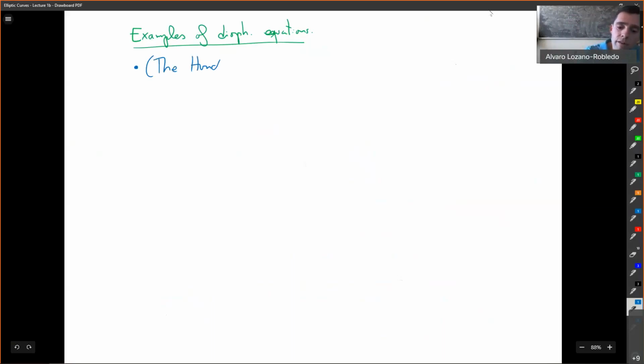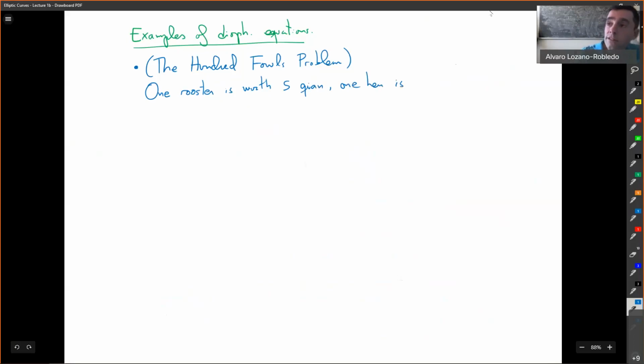100 fowls problem, which says that one rooster is worth 5 kian, 1 hen is 3 kian, and 3 chicks is 1 kian.